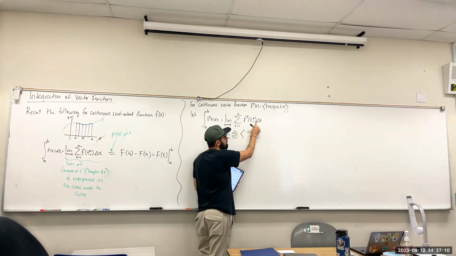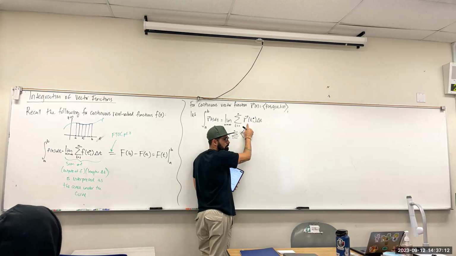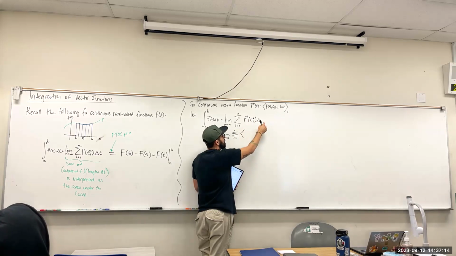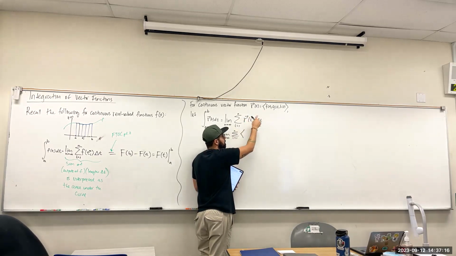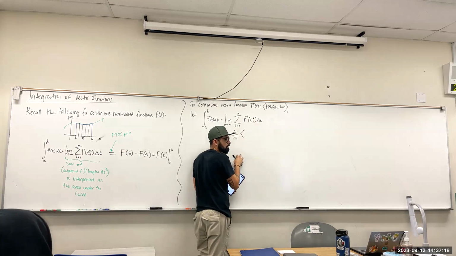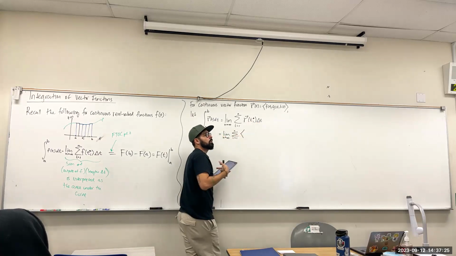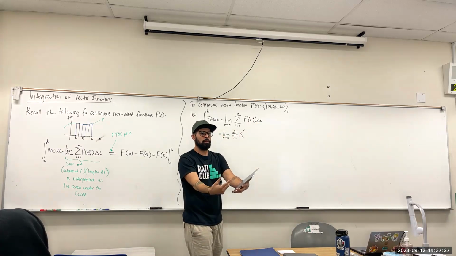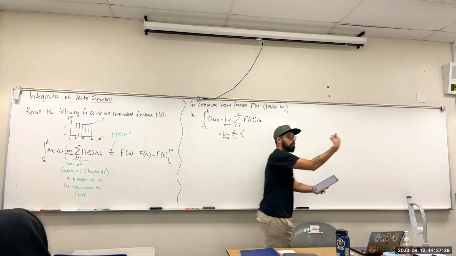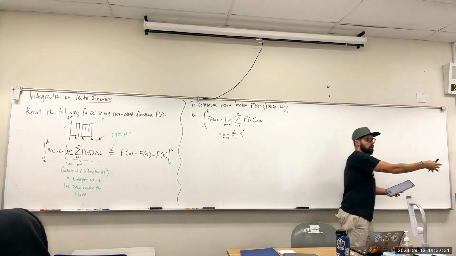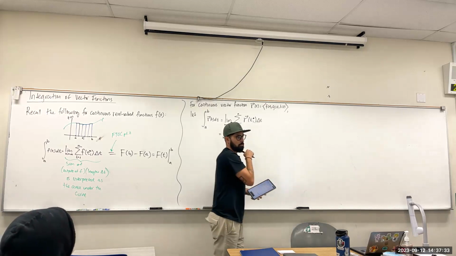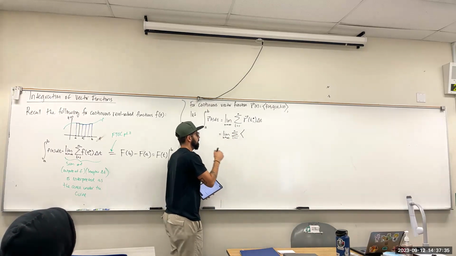A scalar times a vector, right? So what is this sum doing then? What kind of things is it adding? What's a scalar times a vector? What does that give you? A vector. So then what are we adding? We're just adding a bunch of vectors that are being scaled by delta t.